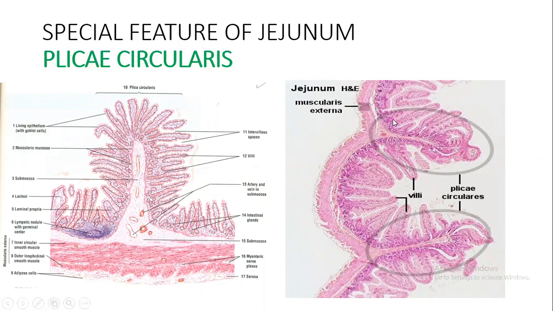So you can recognize the jejunum by the finger-like villi with prominent plicae circulares. There are no glands in the submucosa and no Peyer's patches. So this is the jejunum: prominent plicae with finger-like villi.